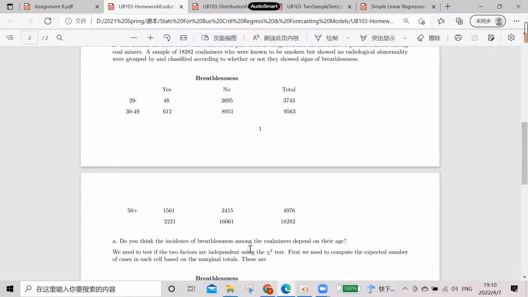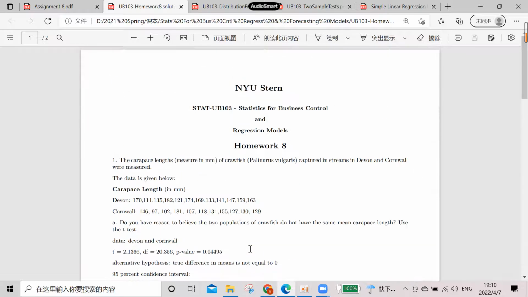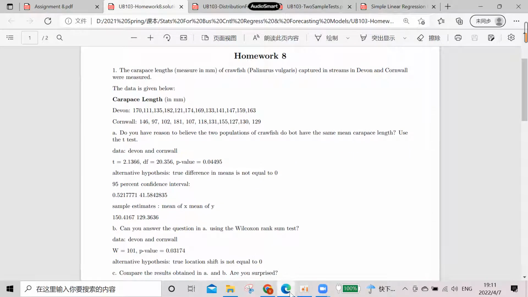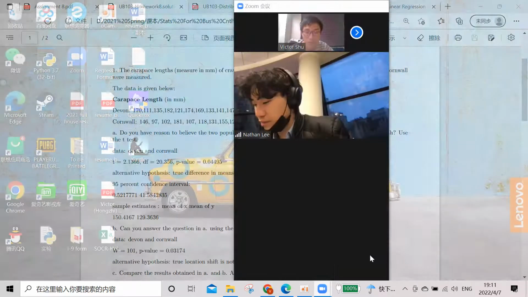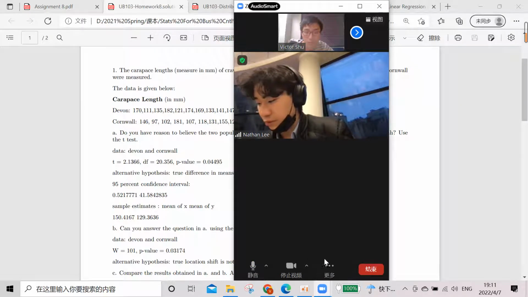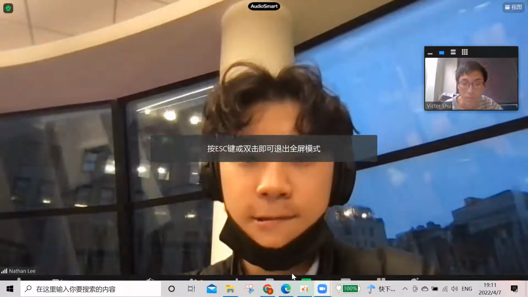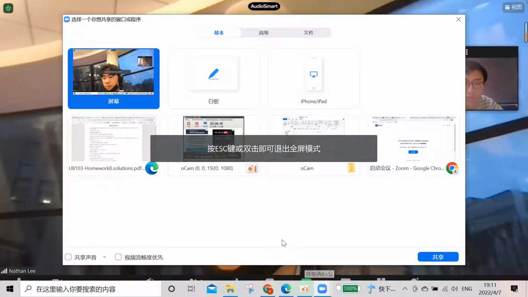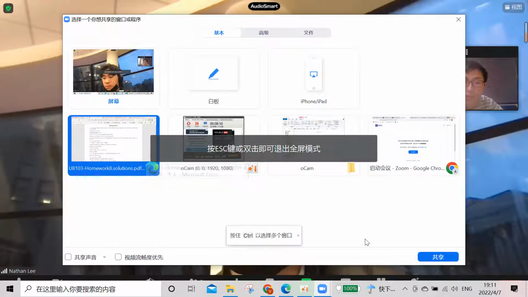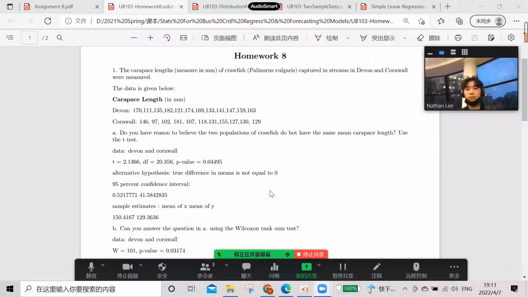And also for question one, for the test statistic, would you use the one with the z-score? Here it is.